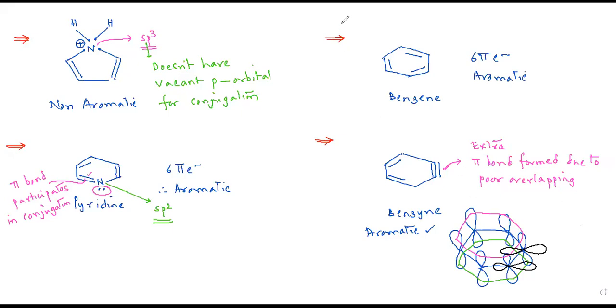Now, in this case, they overlap in this fashion, right? So this is not considered to be a proper pi bond and is formed because of the poor overlapping. It's a very important intermediate. Okay.